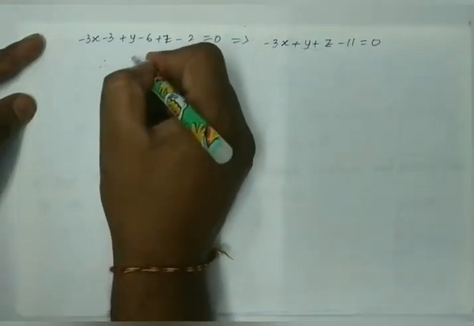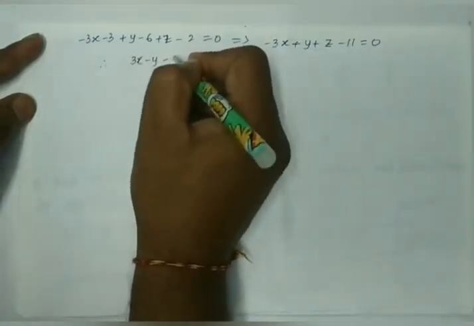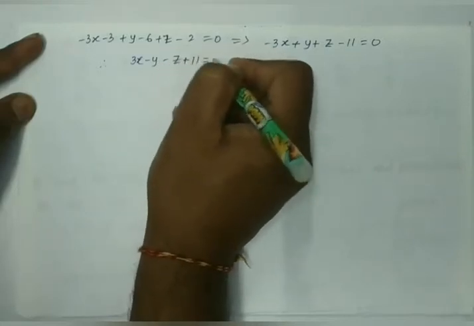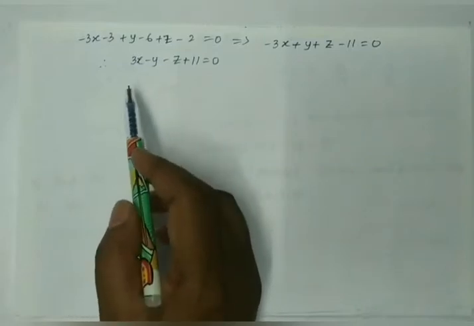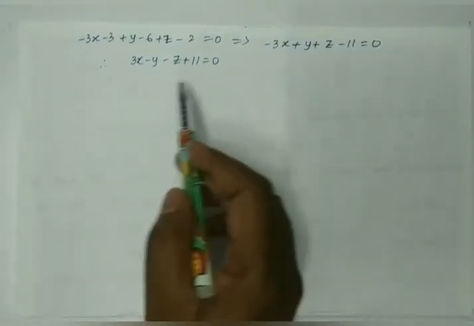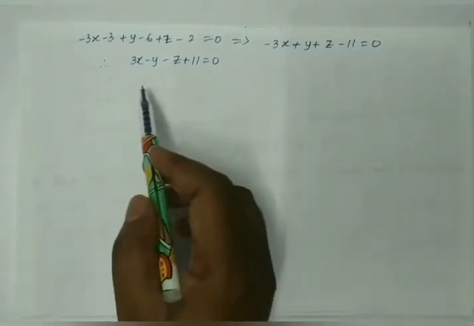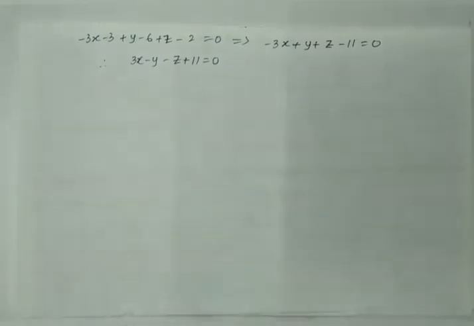Therefore, this equation becomes 3x minus y minus z plus 11 is equal to 0, which is the equation of the plane passing through the point -1, 6, 2 and which is also perpendicular to the line joining of 1, 2, 3 and -2, 3, 4.